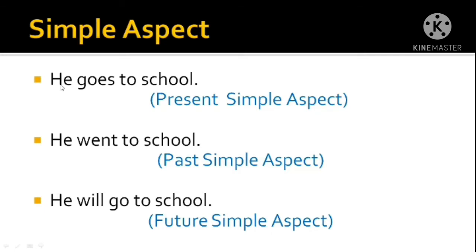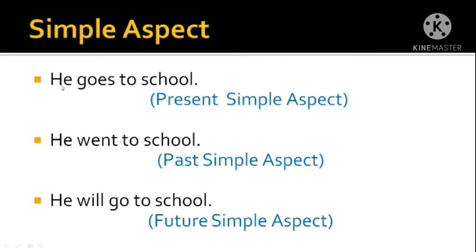Then you have another sentence here from the same category, that is simple aspect. That is the past simple aspect. Past simple aspect means simple past tense, for your better understanding. He went to school. I'm going to repeat the content of the sentence here so that you will be able to understand the difference between the aspects. What has gone through a change? Once you change the tense, only the verb form will change.